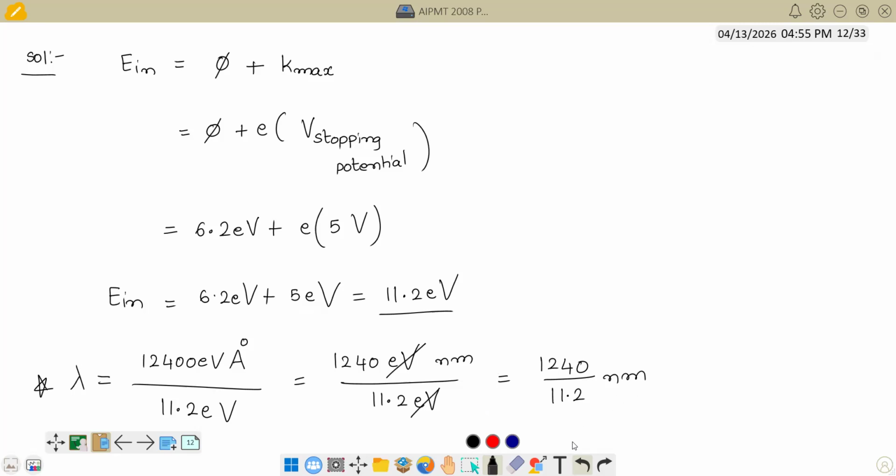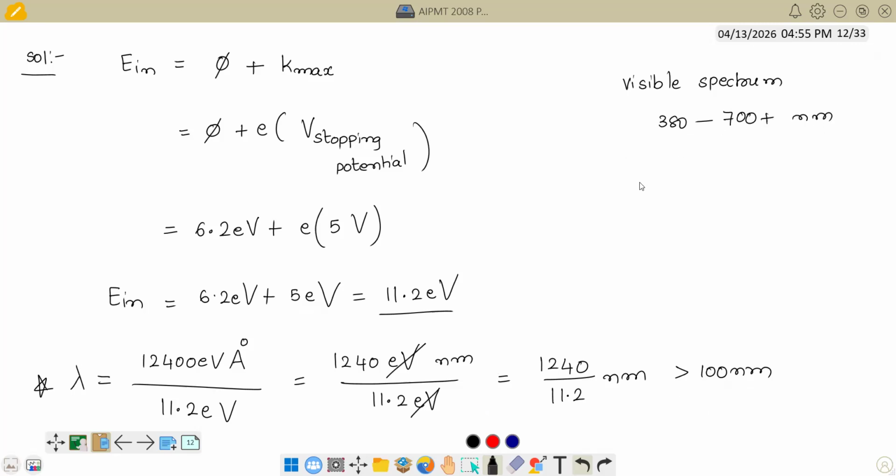So we can clearly see this would be slightly greater than 100 nanometers. We know our visible spectrum we generally consider from 380 to 700 plus nanometers.